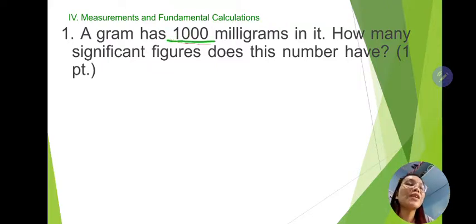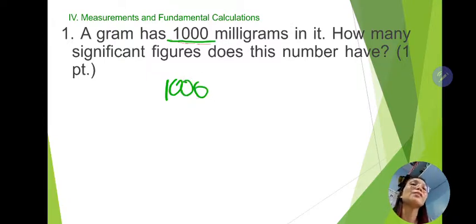From the rules of significant figures, rules 5 and 6, the trailing zeros, or the zeros at the end, only count as significant if they are followed by a decimal point. In this question, we have 1000 without a decimal following it. So, these are trailing zeros, which do not count as significant numbers. So, we only have one significant figure in this question.